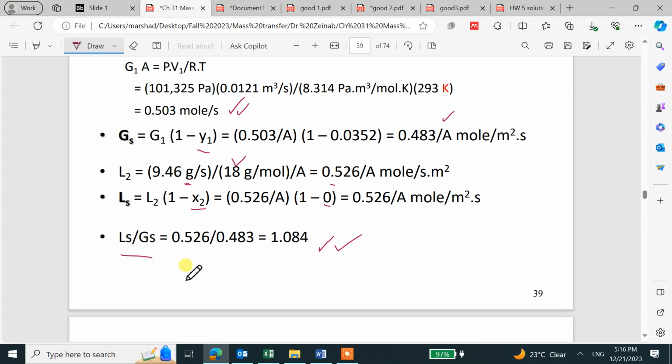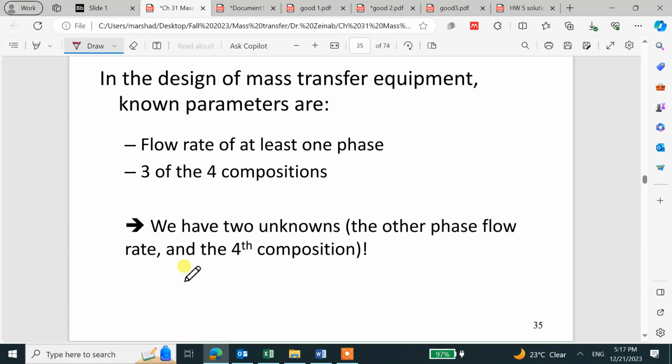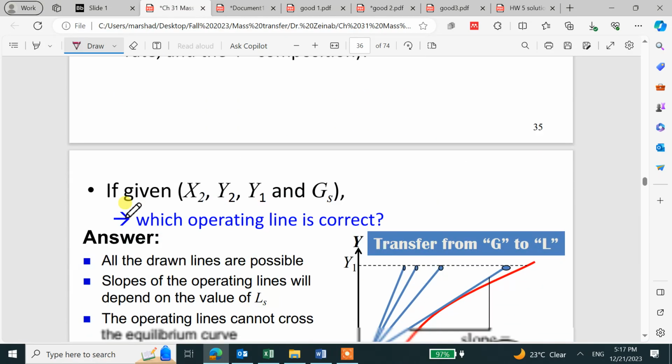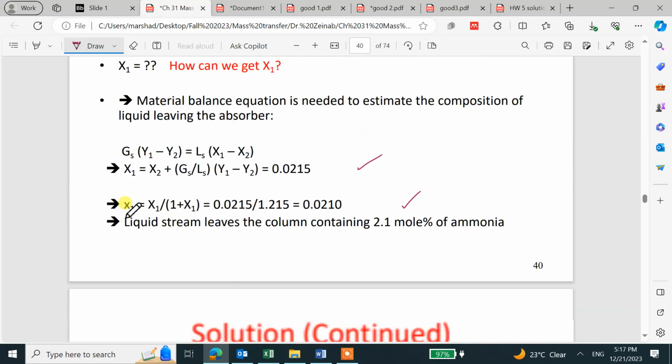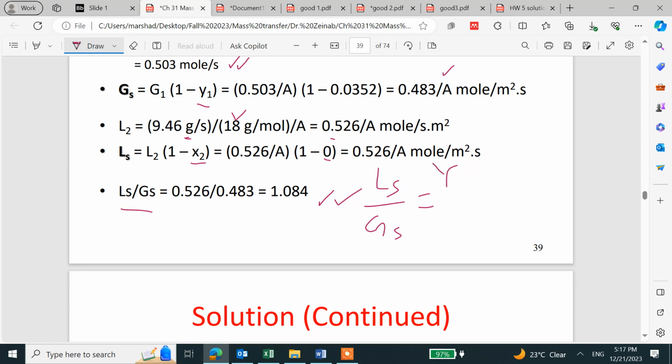You can see LS over GS is basically YA1 minus YA2 divided by XA1 minus XA2, right?